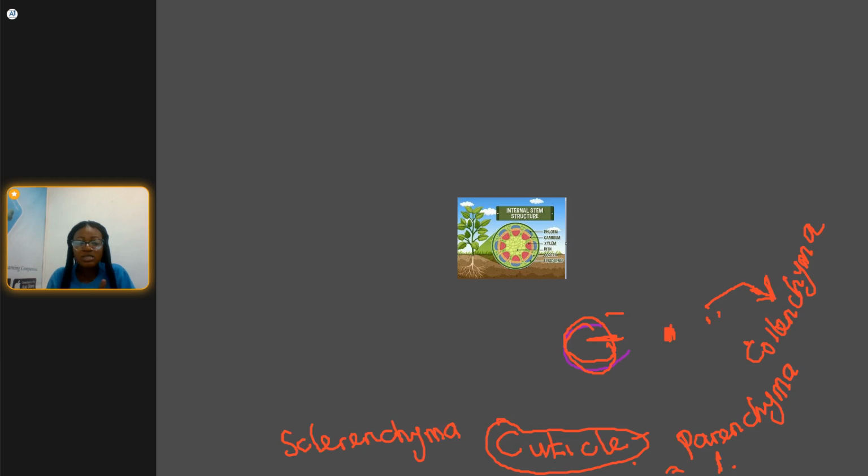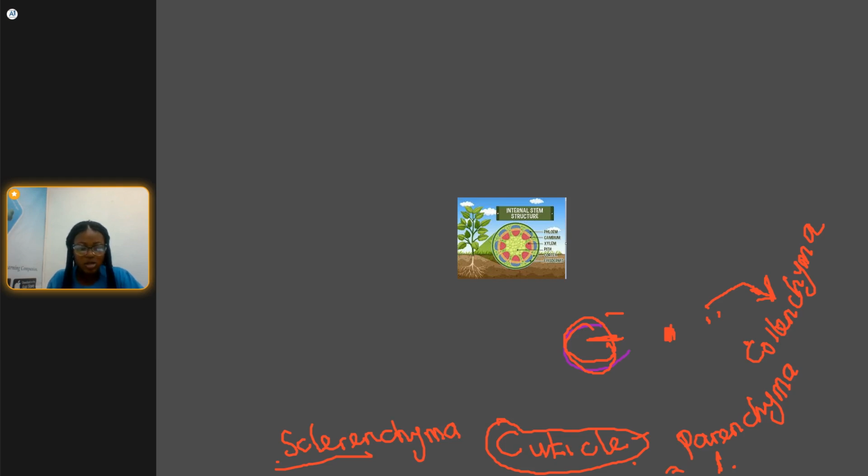And talking about the sclerenchyma, sclero means hard. Just break it down. Sclero means hard. So what does it do? It gives total rigidity and strength to the plant. So collenchyma, sclerenchyma, and parenchyma are found in the cortex.